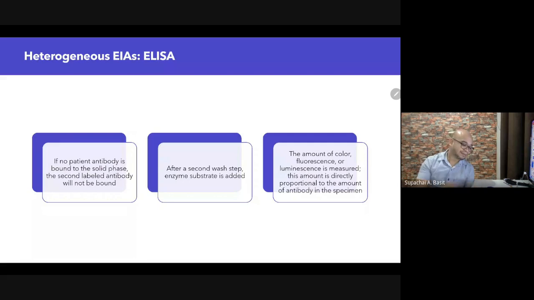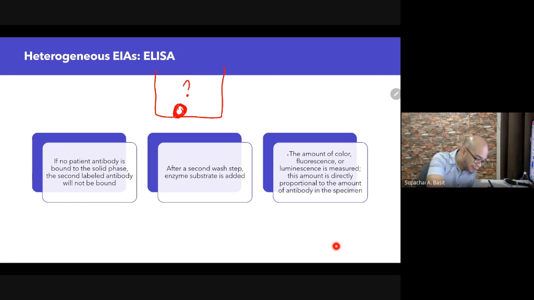If no patient antibody is bound to the solid phase, the second labeled antibody will not bind. After a second wash, enzyme substrate is added. The amount of color, fluorescence, or luminescence is measured, and this amount is directly proportional to the amount of patient antibody in the serum. In a negative sample, you have an antigen but no patient antibody.